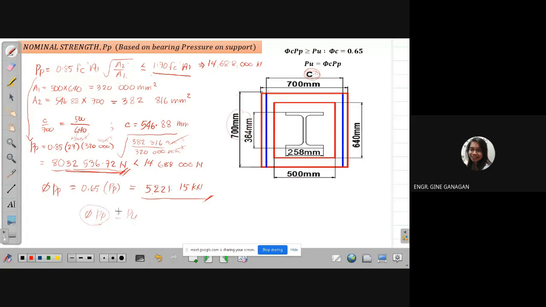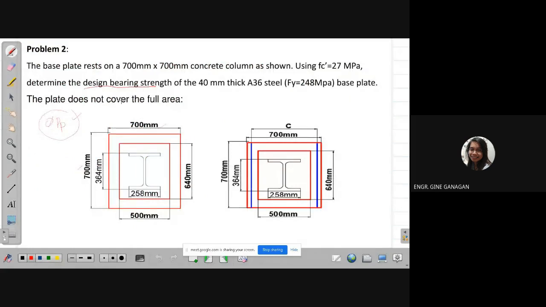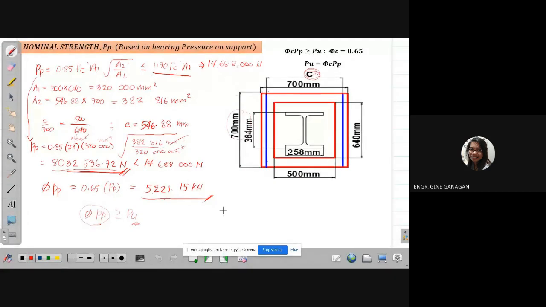Pag dinagdagan ko lang yung plus 1 na ultimate load, makukuha niyo din yung ultimate load gamit ito dito sa question. But I think yung hinahanap natin is the design bearing strength. So we have this value, that is based on the bearing pressure on support.